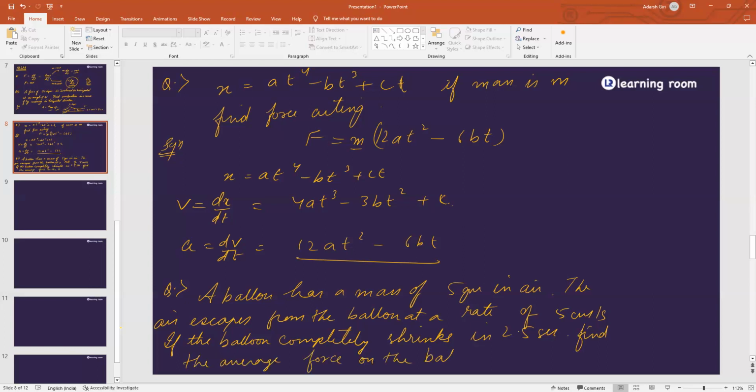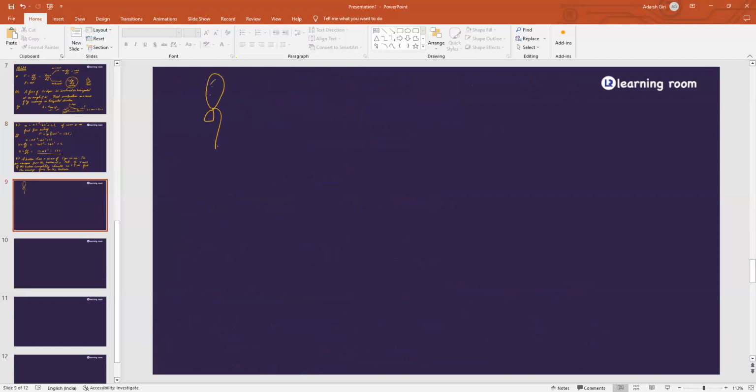Okay, so you have to find the average force on the balloon. What is happening here? There was a balloon. It was blown up, air filled in it. After 2.5 seconds, this completely shrank. Let me draw it better. So the balloon is fully blown. Let us say that there was a pinhole and the air inside it was constantly coming out of it at a constant rate.